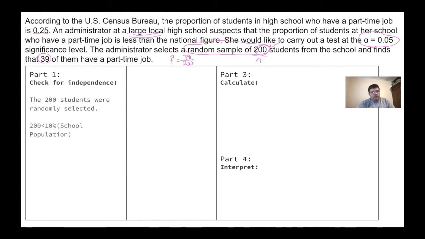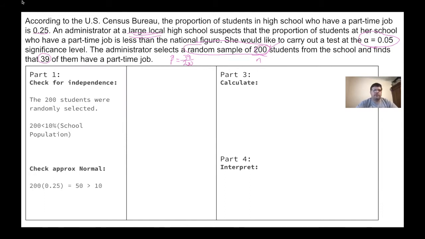Whether we know it or not, to go on in the problem, you need to state that it's less than 10% of the school population. We're just going to make that assumption. So that's for the independence, and you have to do independence and normal. Do we have more than 10 failures?